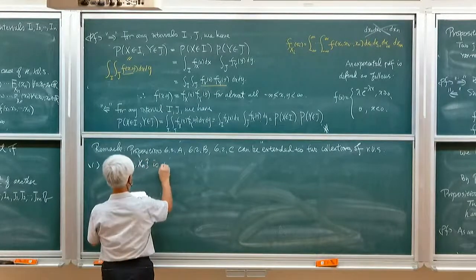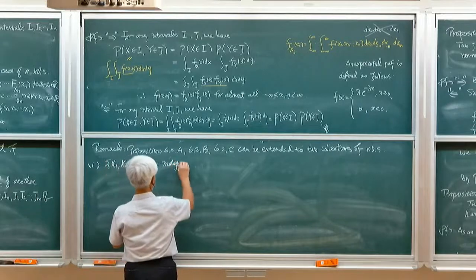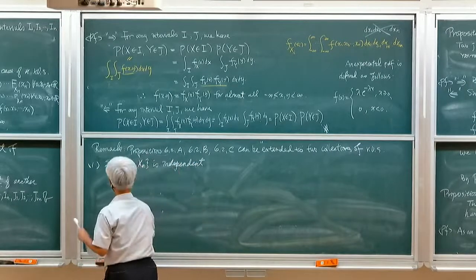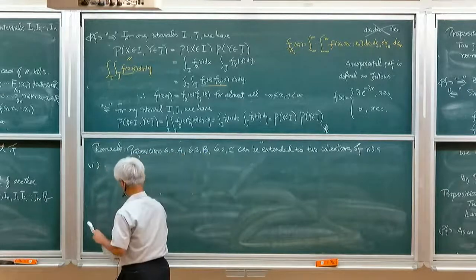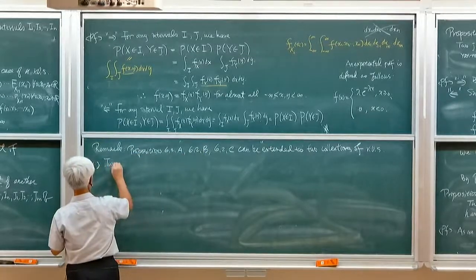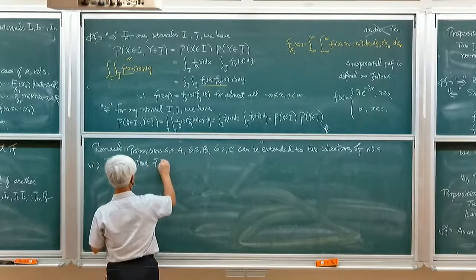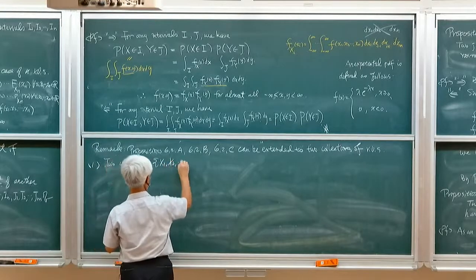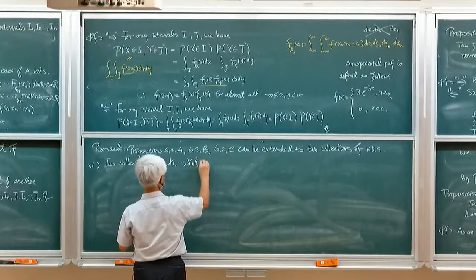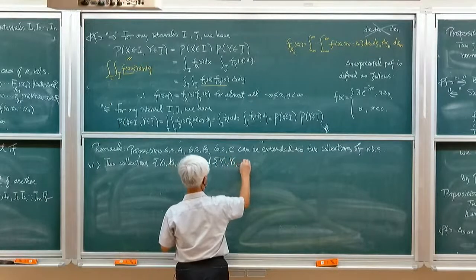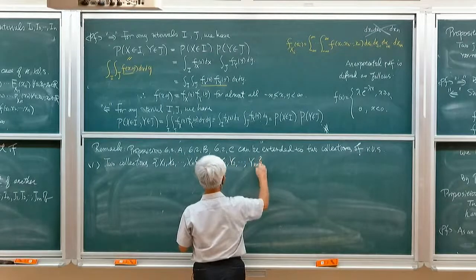This collection is independent of, maybe I will say here two collections, x1, x2 up to xn, and y1, y2 up to ym.